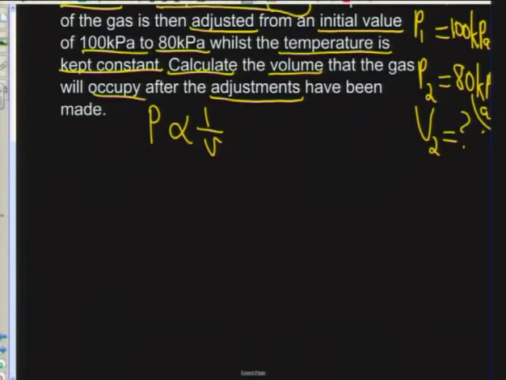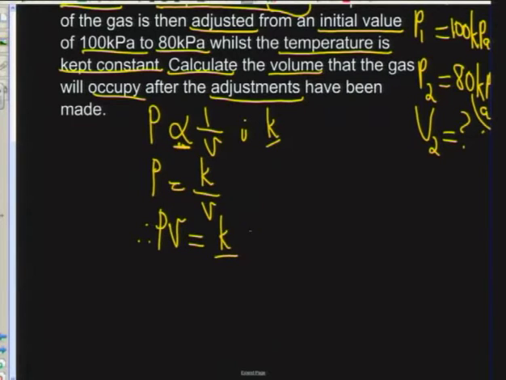Now, if we multiply by a constant k, so that we can remove this proportionality sign, what we will end up with is P equals k over V. So we have removed the proportionality sign by introducing the constant k. This would mean that P times V would be equal to k, which is a constant.